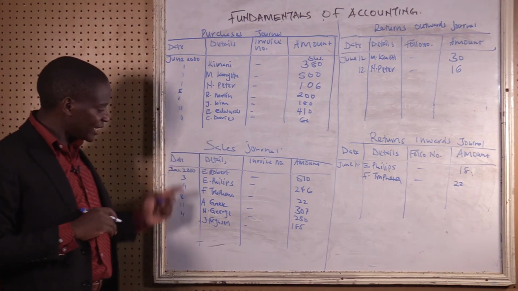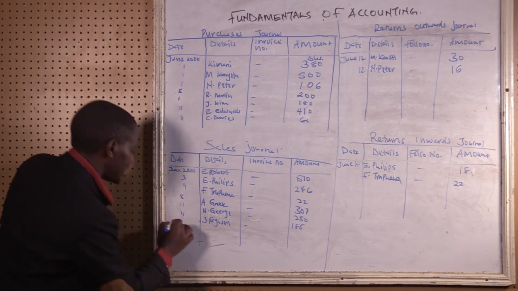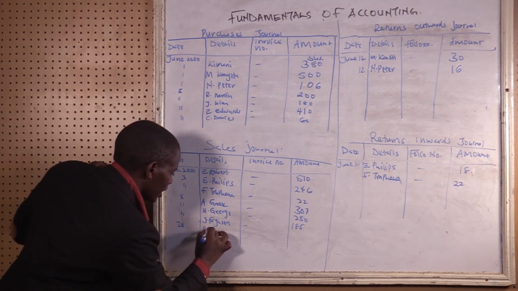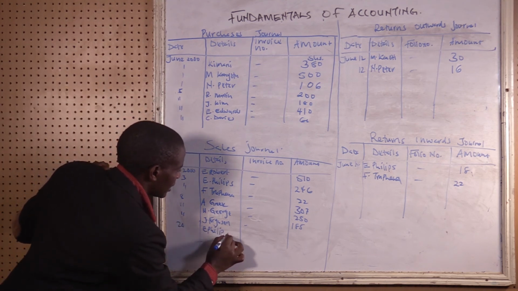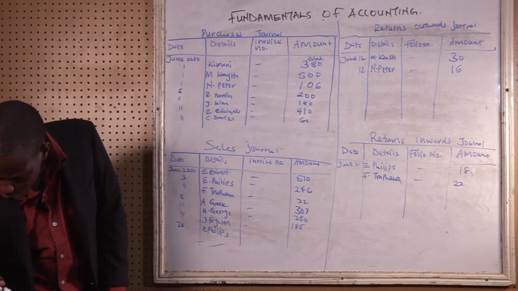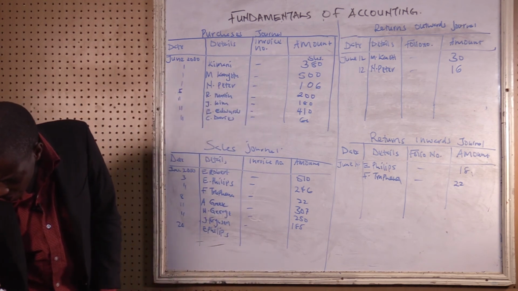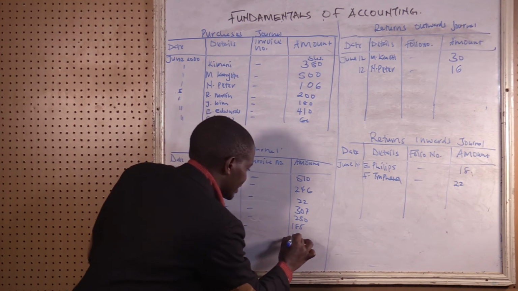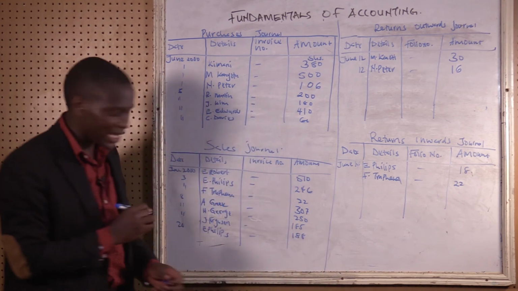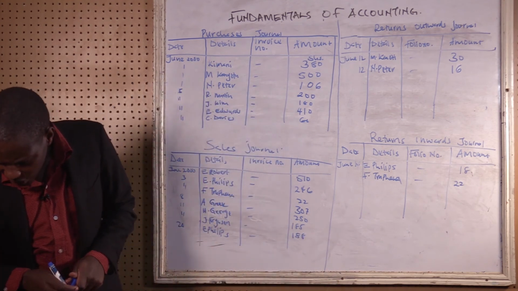On 20th, made some credit sales to E. Phillips. So credit sales will come here. That is on 20th. We shall have E. Phillips. Again, he sold some goods worth how much? 188 to E. Phillips.